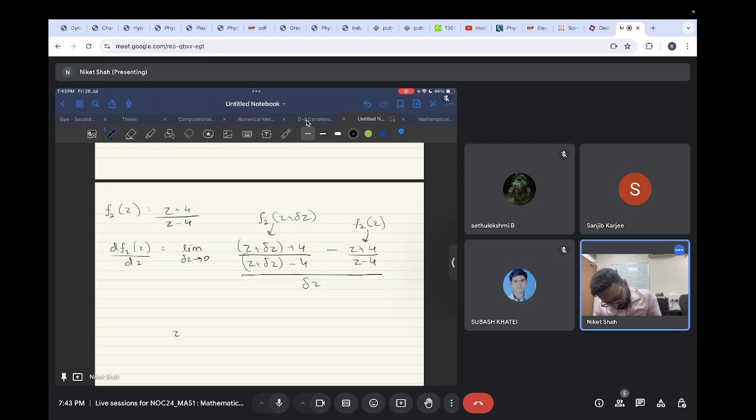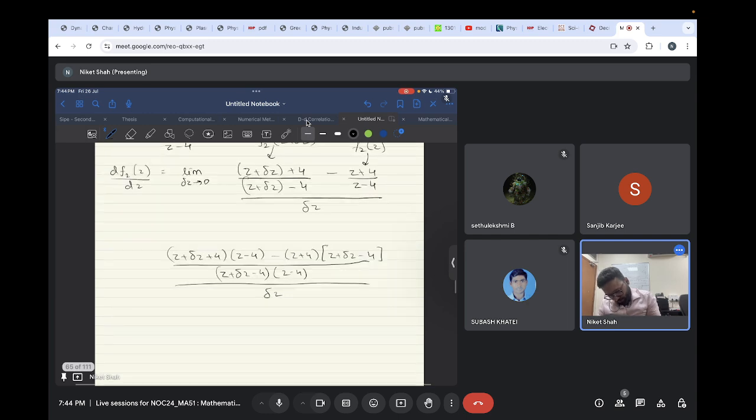Z plus delta z plus 4 multiplied by z minus 4, minus z plus 4 into z plus delta z minus 4, divided by z plus delta z minus 4 into z minus 4, the whole divided by delta z.